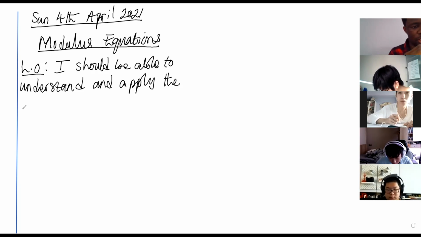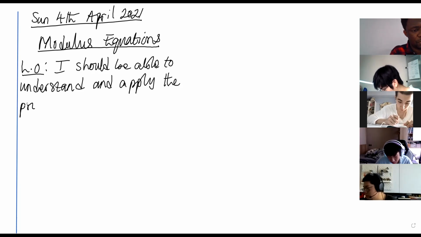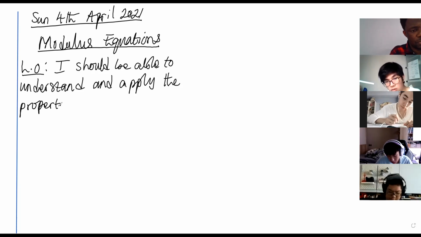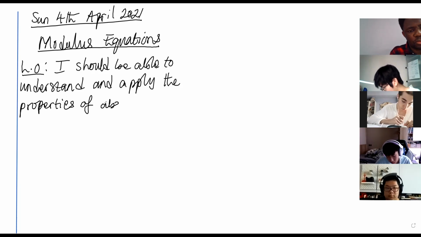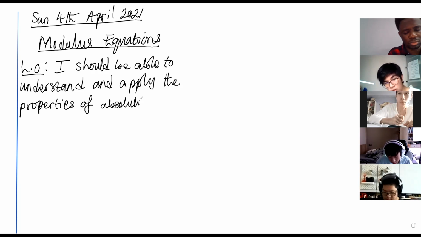Understand and apply properties of absolute value function or modulus function.